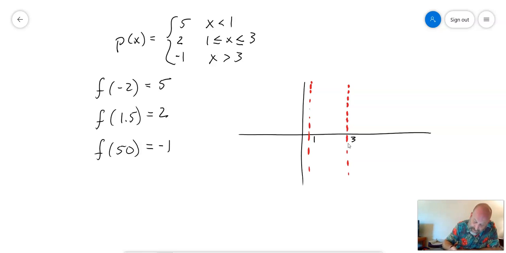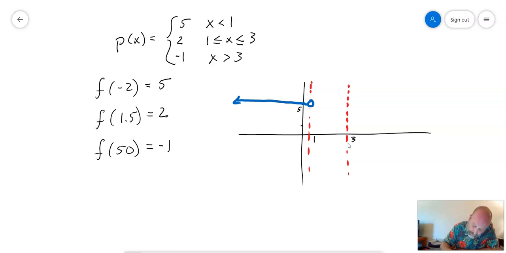The way this ends up playing out is that if I'm less than 1, and notice it's not less than or equal to, so this needs to have an open circle at the end, it's a value of 5. So here at 5, I have all of these values up to my boundary point, and then I have a circle at the boundary point. Now the second part, it's equal to 2 when x is between 1 and 3 inclusively.